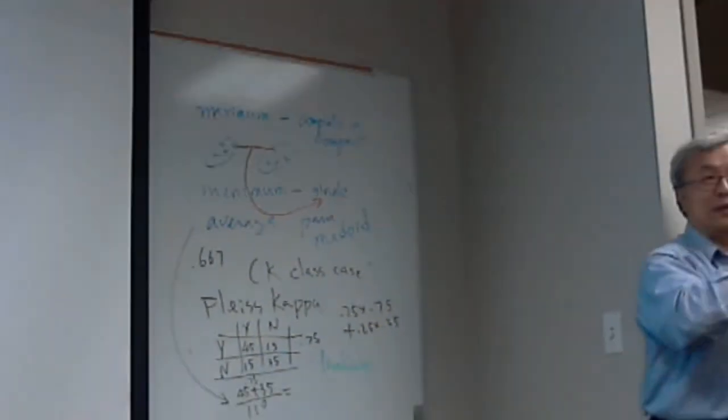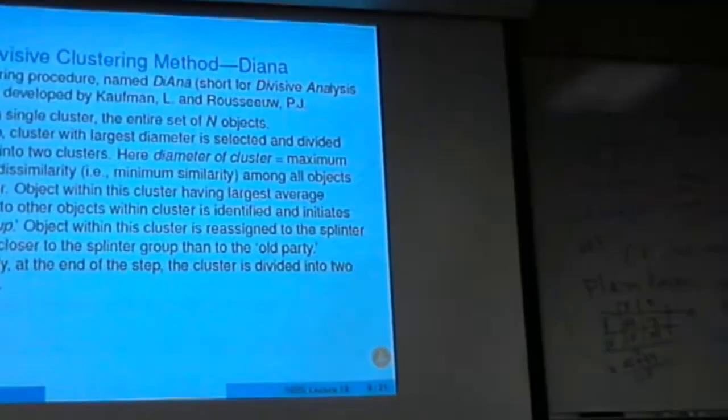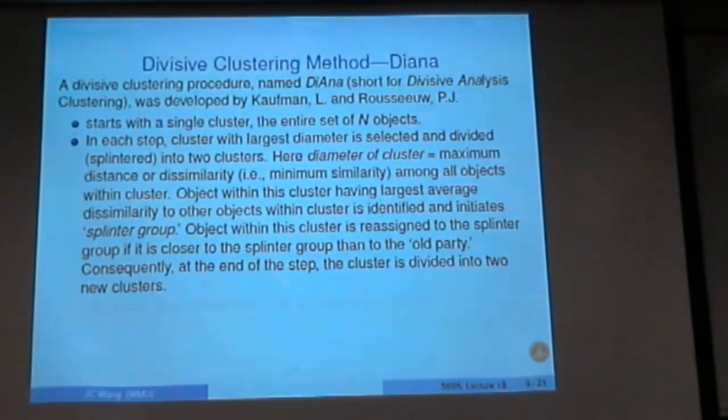But anyway, the idea is finding the object which is most different from all other objects, and this is initially the so-called splinter group. This object is isolated and tries to attract other members within the same cluster to form a partition. That's the basic idea.